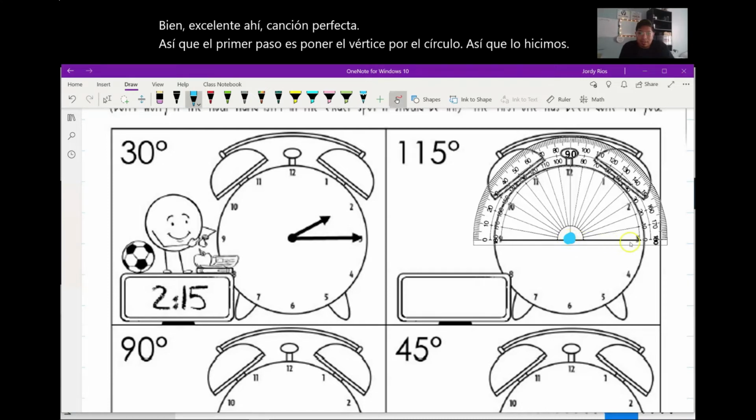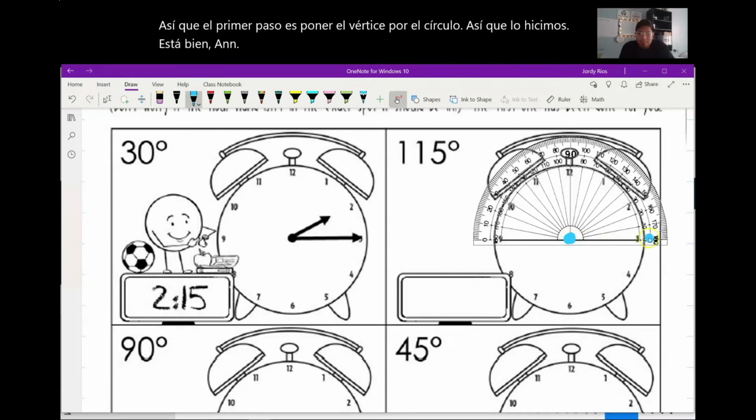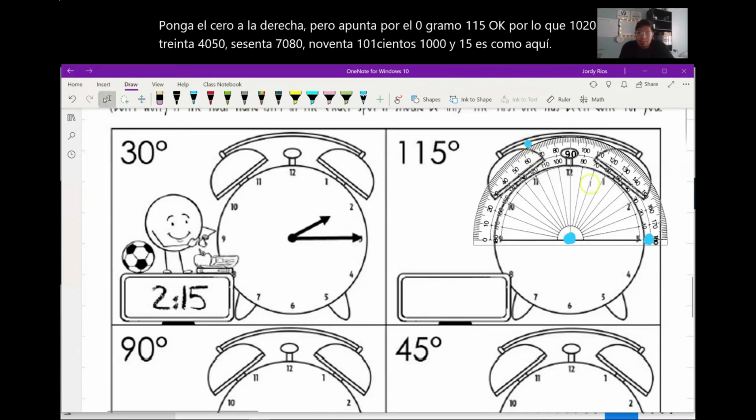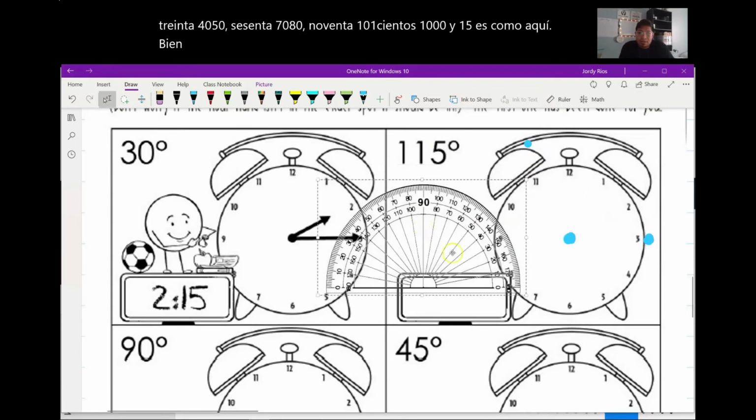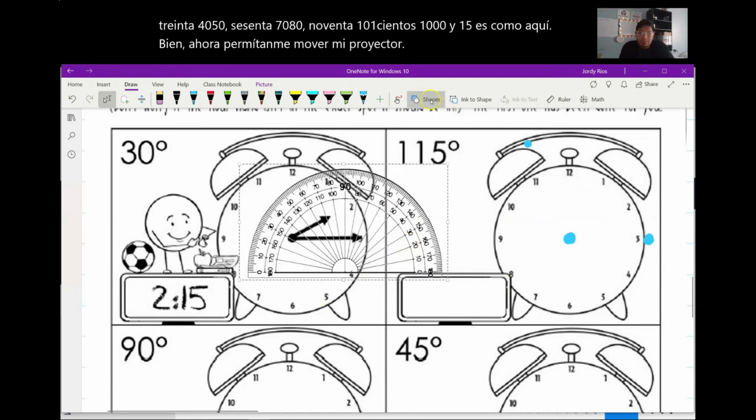And put a point by the 0, good. 115: 10, 20, 30, 40, 50, 60, 70, 80, 90, 100, 110, 115 is right here. So let me just move my protractor, and I'm going to use the straight edge of the protractor to make a line.